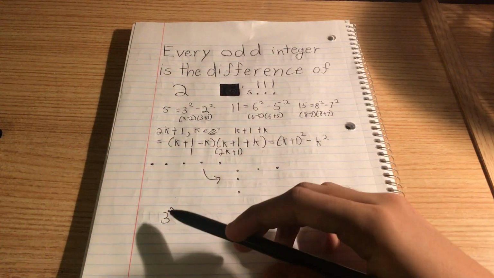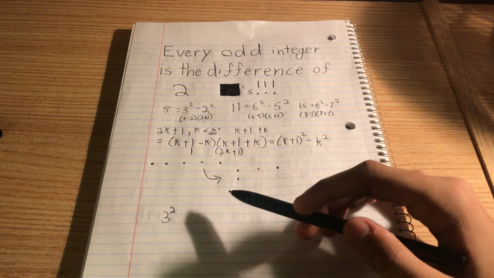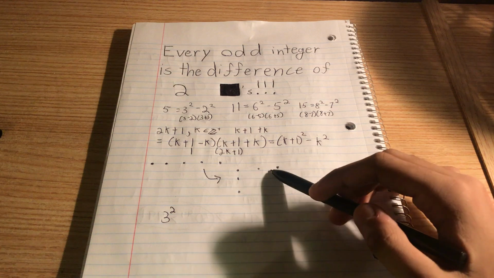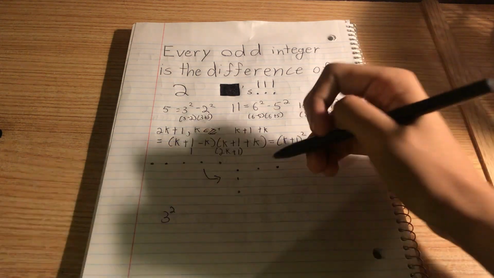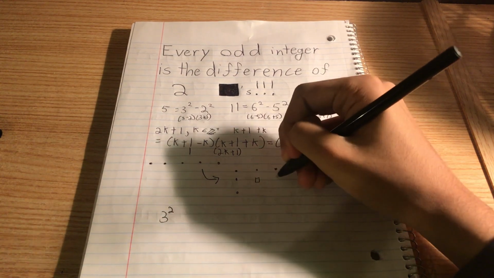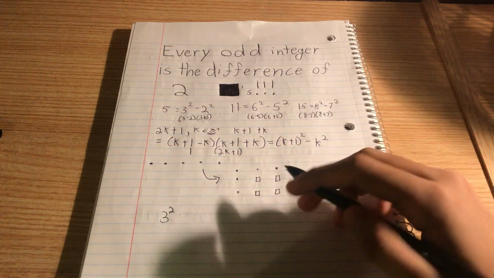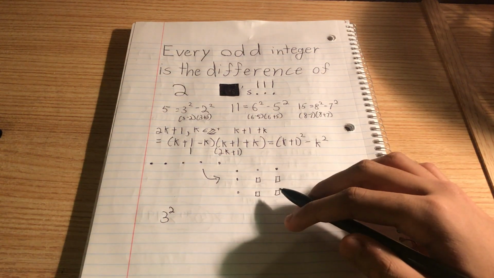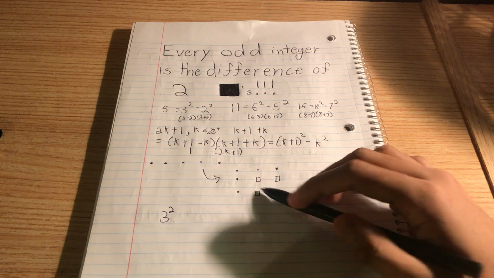Now, 3 squared is equal to 9, not 5. So we have to subtract some number to get 5. Now, what do we subtract? Well, we still have this dot missing, this dot missing, this one missing, and this one missing. Essentially, we're missing the next layer of the square.